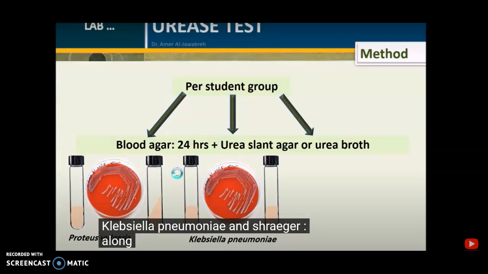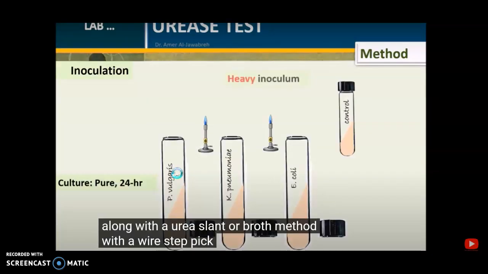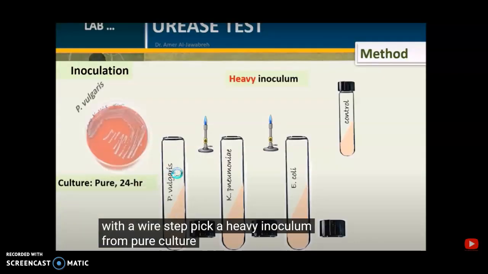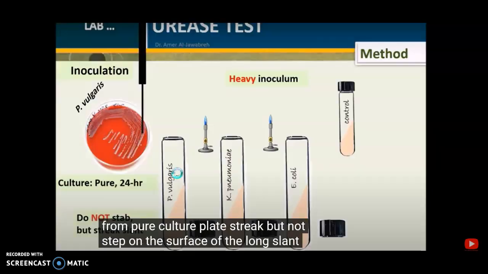Here the students have a blood agar culture, and they have put urea slants for testing those organisms. In the first culture tube they put Proteus vulgaris, in the second Klebsiella pneumoniae, and in the third Escherichia coli. This is the pure culture at 24 hours.